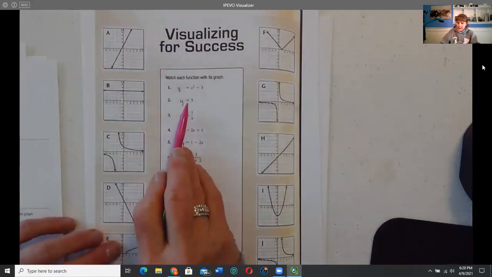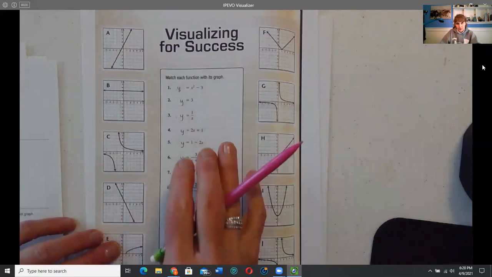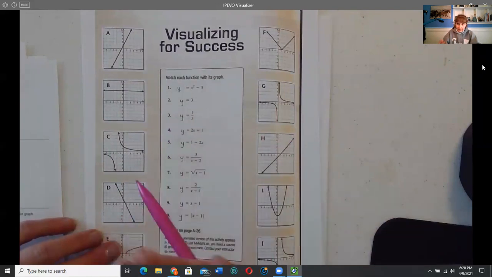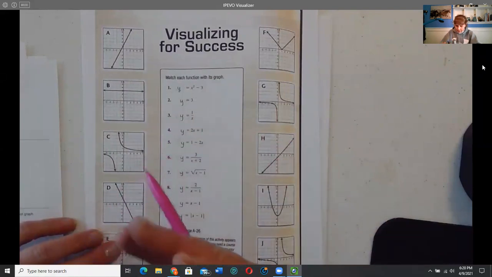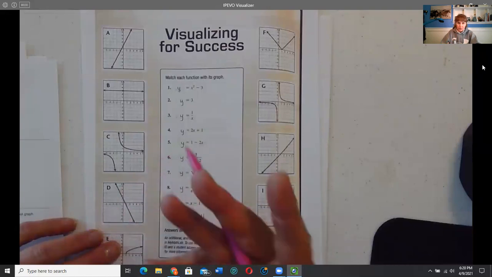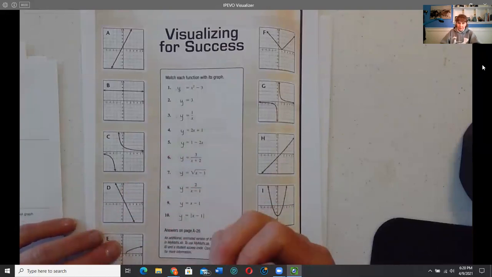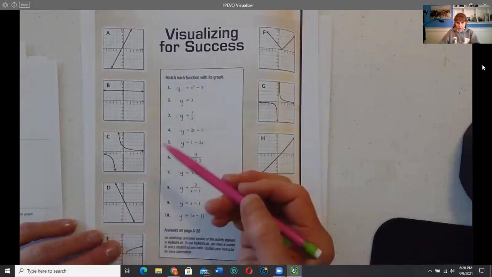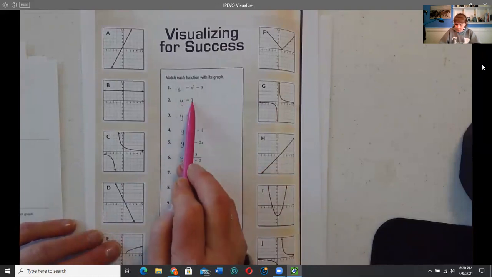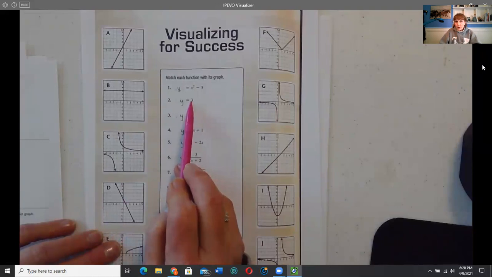We were talking about number 2, y equals 3. It's to the first power, so we do know that it's a linear function. Well, I keep saying function. I just had to correct myself because we haven't talked about functions. So in equation, this one right here is going to be a horizontal line through the 3.